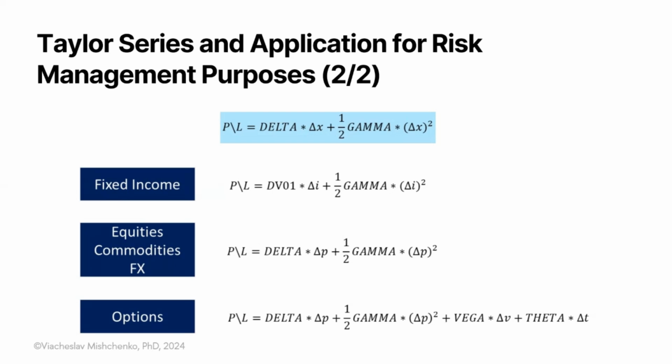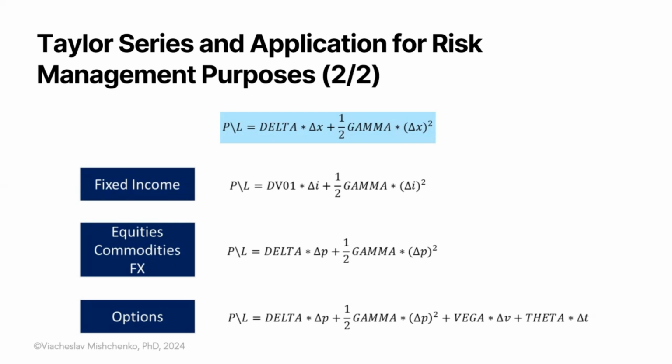It represents how much the price changes for a 1 basis point move, in a parallel shift to be precise, of the yield curve. For equities and commodities, we stick with the familiar delta and gamma, which tell us how the value changes with respect to price movements.